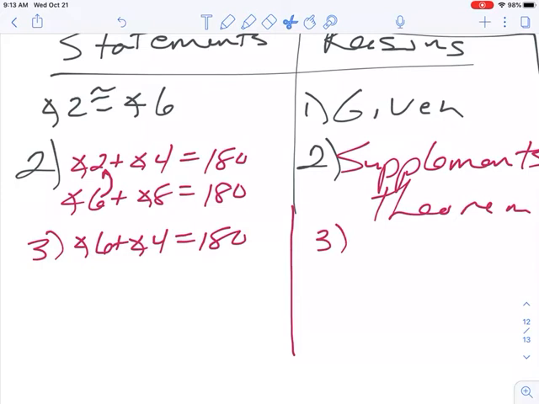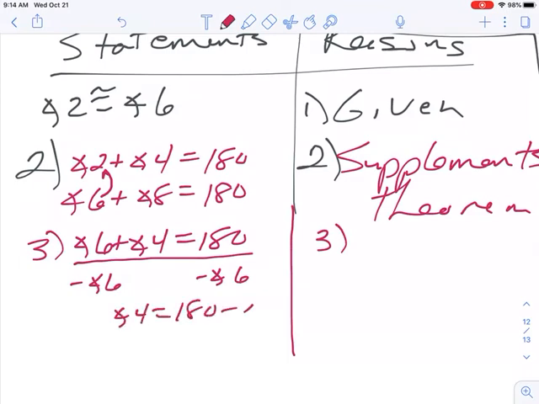If I were to take this thing here, and what if I were to minus angle 6 from both sides? We're trying to get 4 and 8. I would get angle 4 equals 180 minus angle 6.